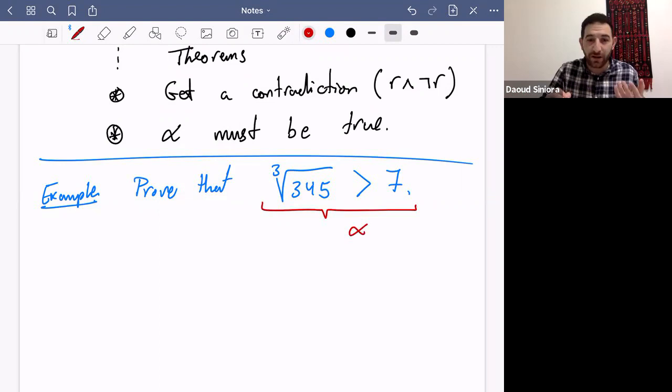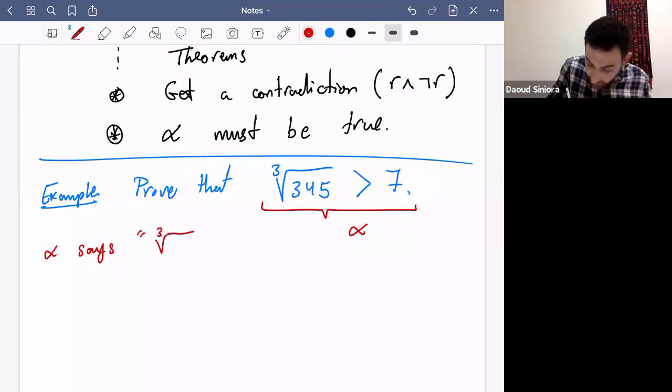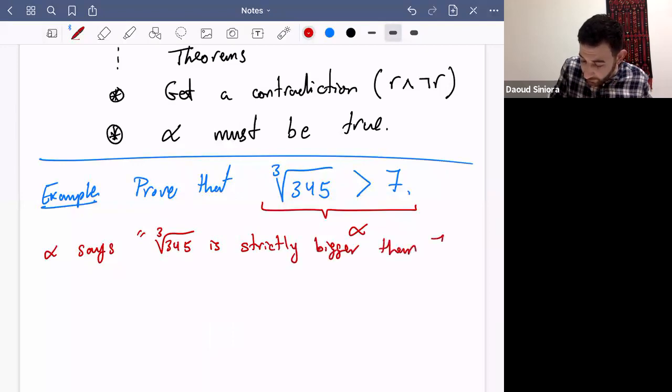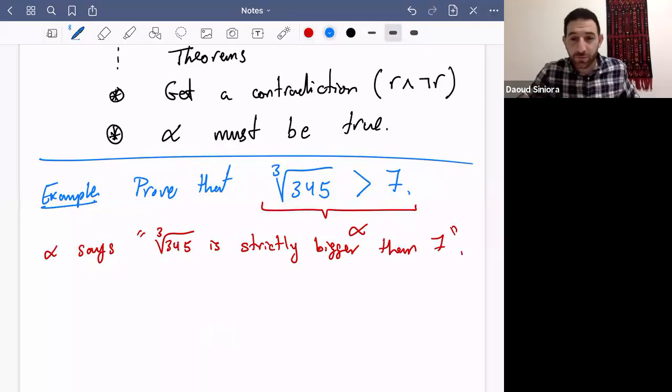So what is alpha? Alpha says the number cubic root of 345 is strictly bigger than the number 7. So we want to prove alpha is true by, let's use proof by contradiction.